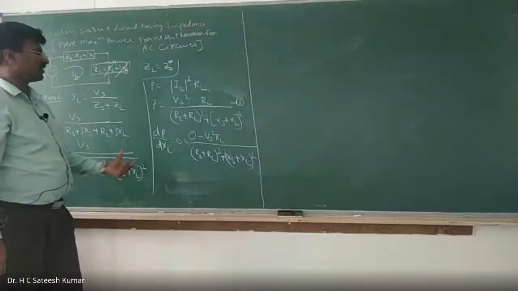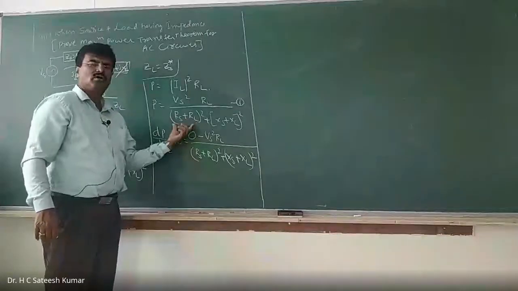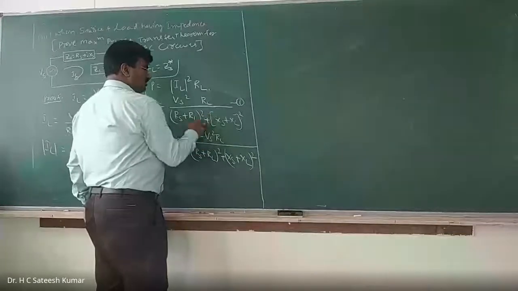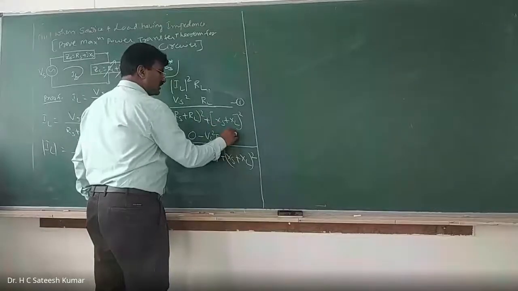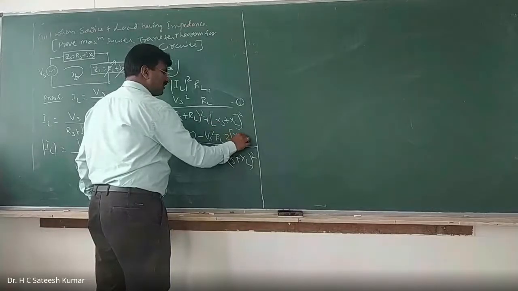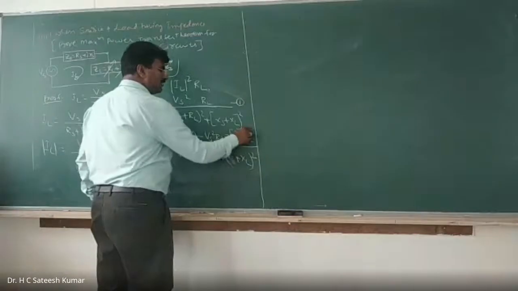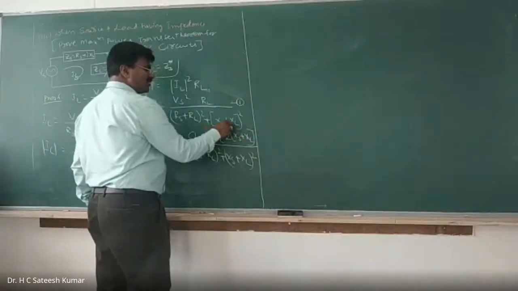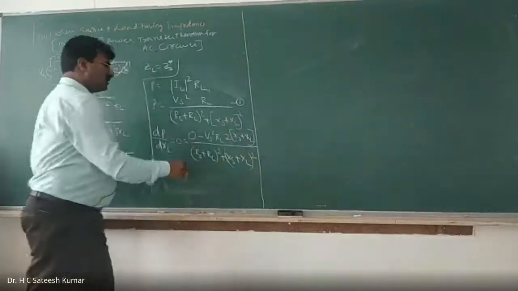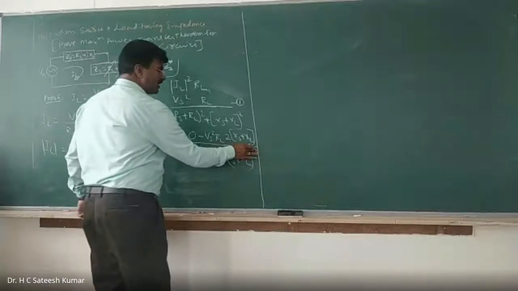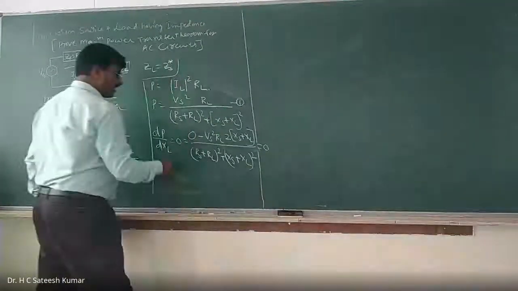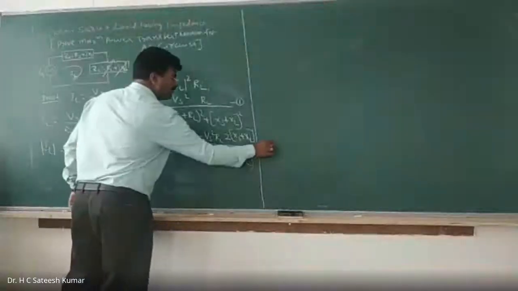In the first term there is no XL term, it becomes 0. Next, we have 2 into XS plus XL, into the differentiation of XS, which is 0, and the differentiation of XL, which is 1. This should be equated to 0. Cross multiply it, it will become 0.